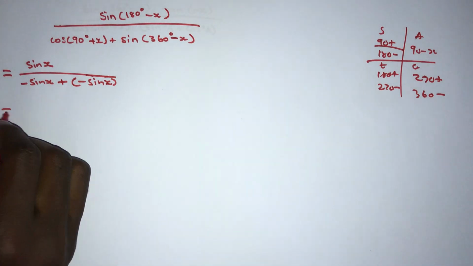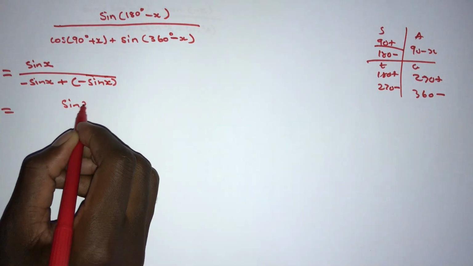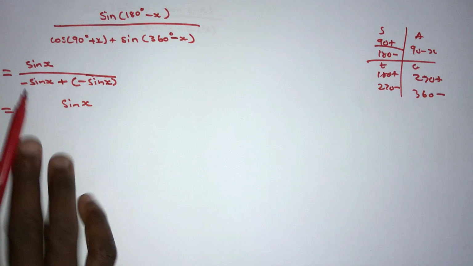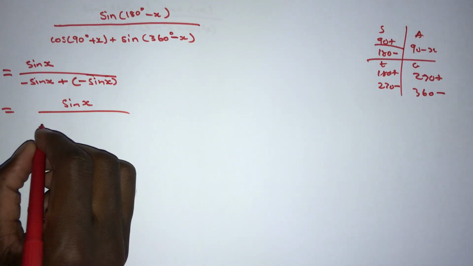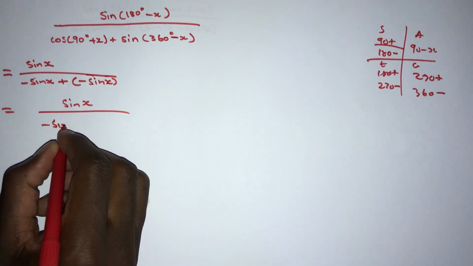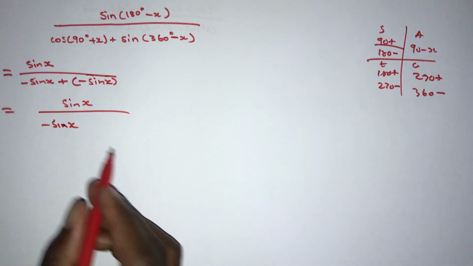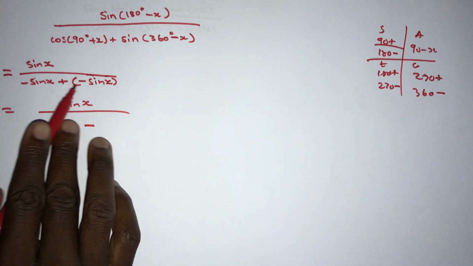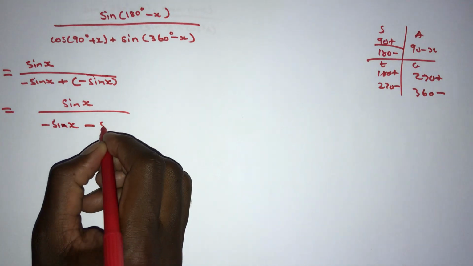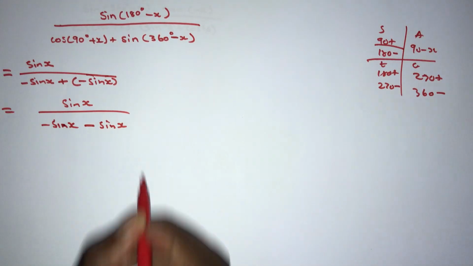So now let's copy sine x. So this is negative. Okay, let's simplify life. Negative sine x is this one. Then minus is negative times positive. Then sine x.